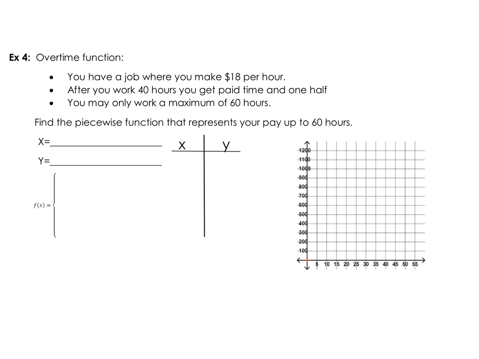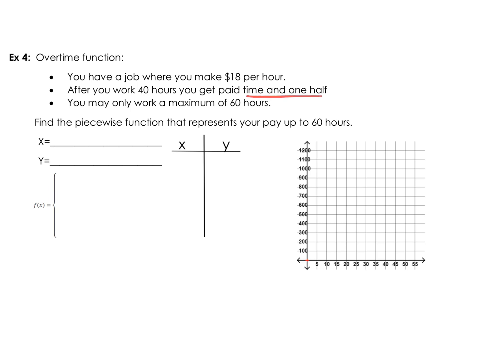Okay, moving on to example 4. This has to do with overtime. So those of you that have a job where you get paid overtime, this will help you, and hopefully you'll understand some of the verbiage here. So it says you have a job where you make $18 per hour. What a nice job, $18 per hour. After you work 40 hours, you get paid time and a half.